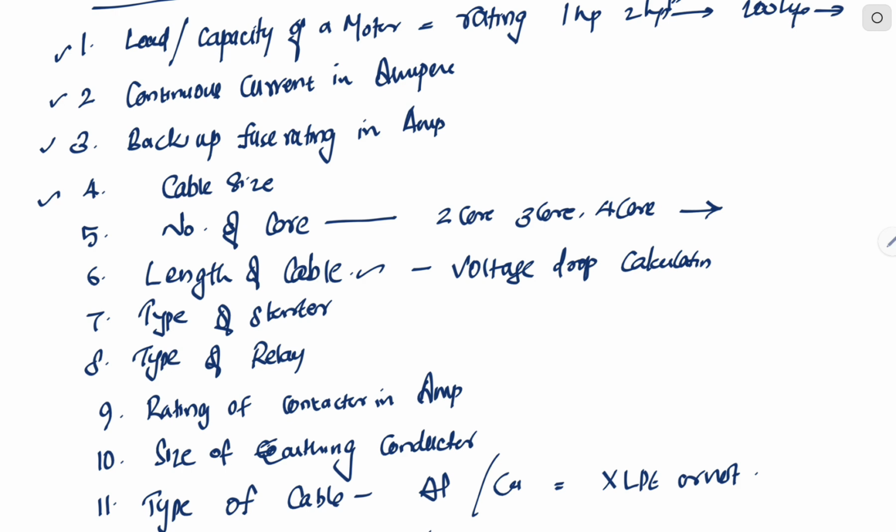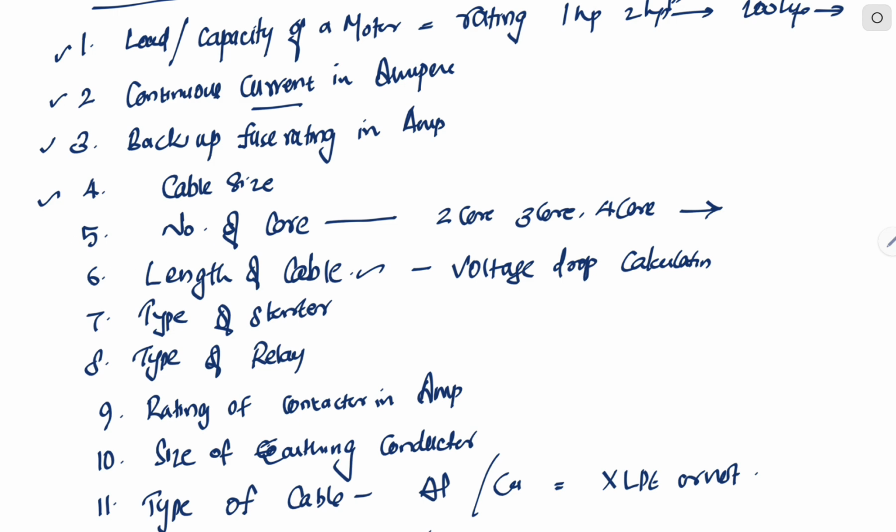And that's the important thing we discussed during the first class: the type of starter determines the current during starting and running time. So based on the starting current, we have to check the cable size.